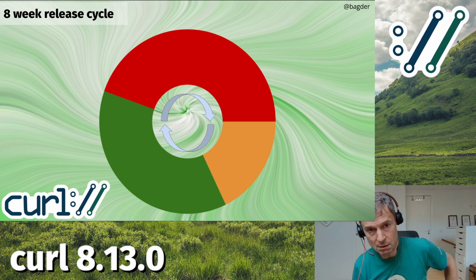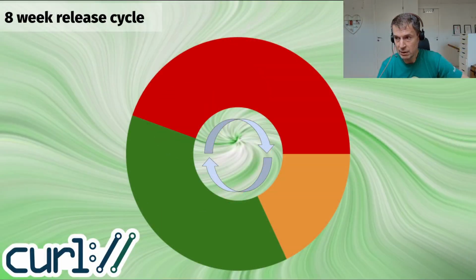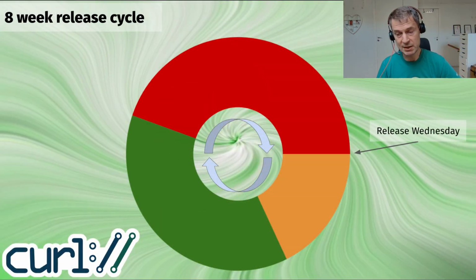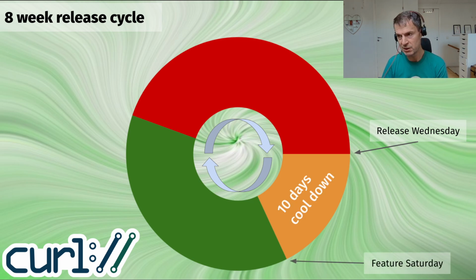And the release cycle that you can expect for curl is that this is the release Wednesday. This is today. And then we have this cool down period, so we won't merge any new features until the feature Saturday, that's in 10 days, on April 12th.